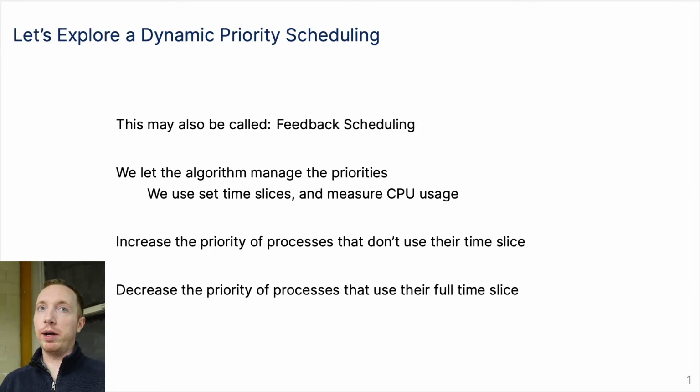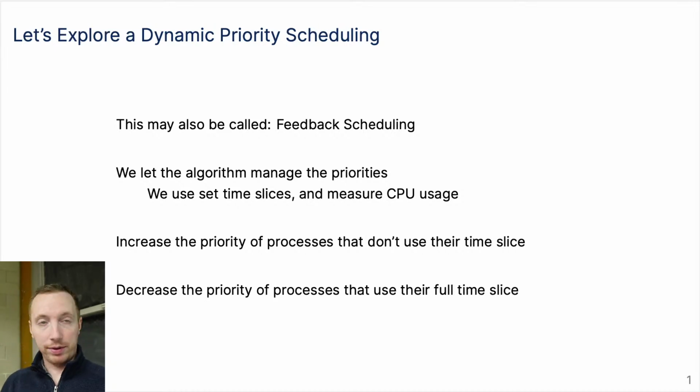This is one heuristic to find the IO versus CPU-bound processes. It may also be called feedback scheduling because we are keeping track of how long things execute for and using that to dynamically change the priority and keep track of what process we should run and where, because that's scheduling.